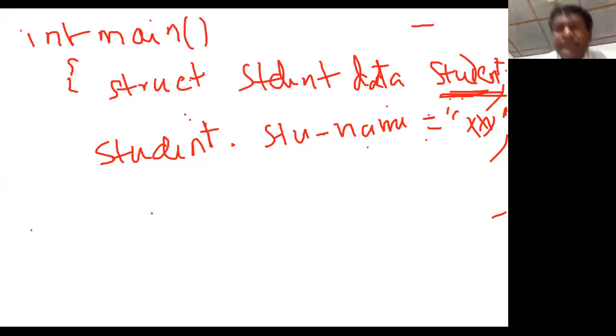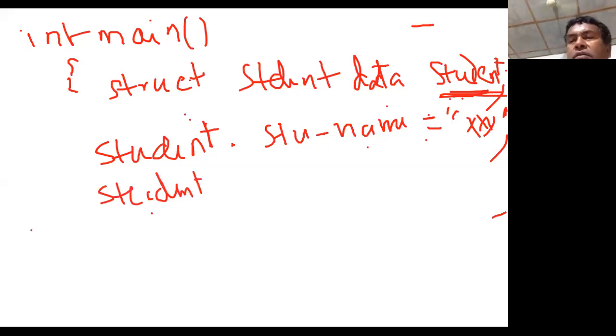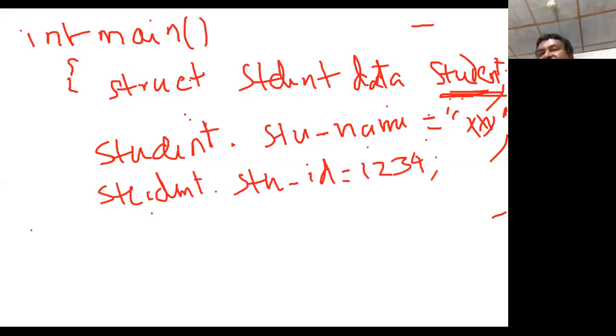What is the next? ID. Student, again dot, student ID. So similarly, you can put some value 1, 2, 3, 4. Because this is a number, I'm not putting any quotation, but this is a character, so I'm putting some quotation.